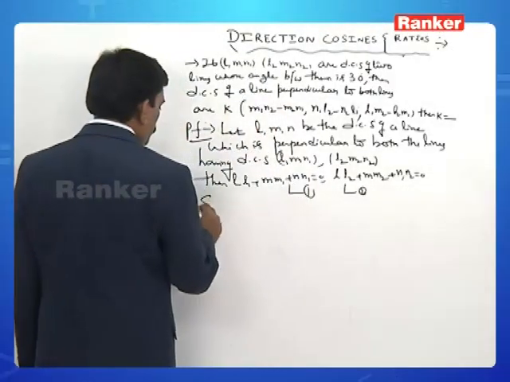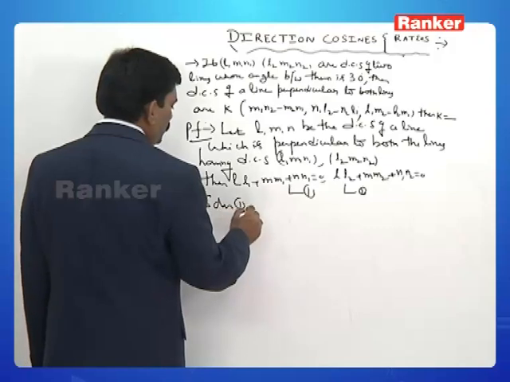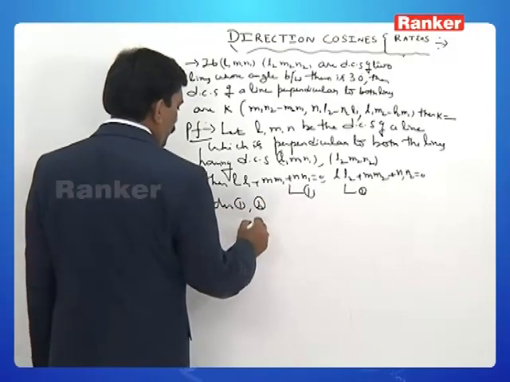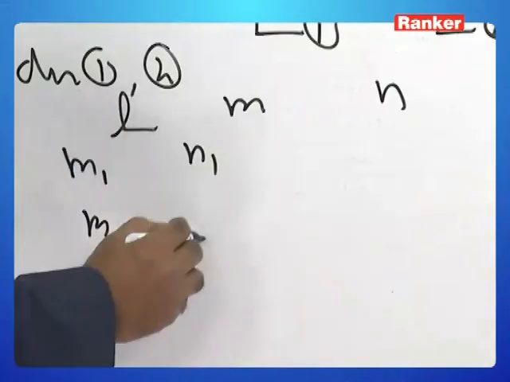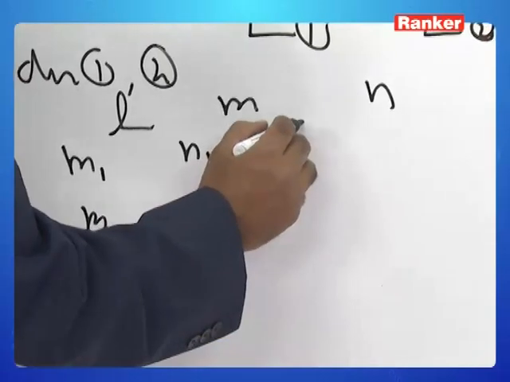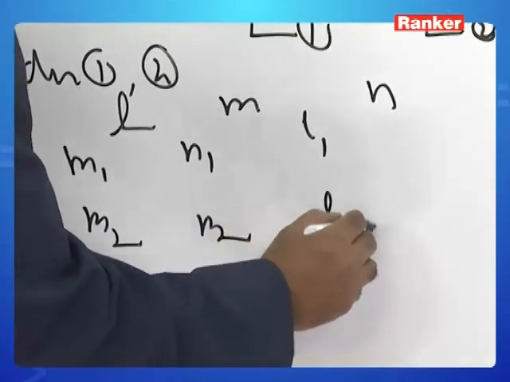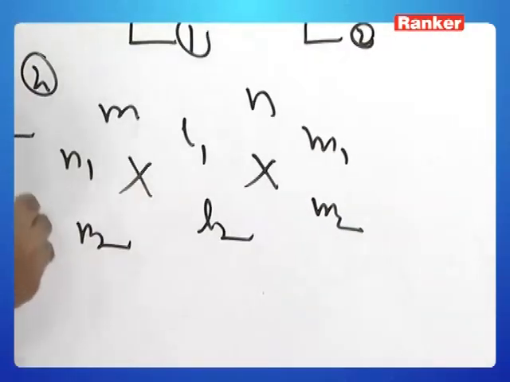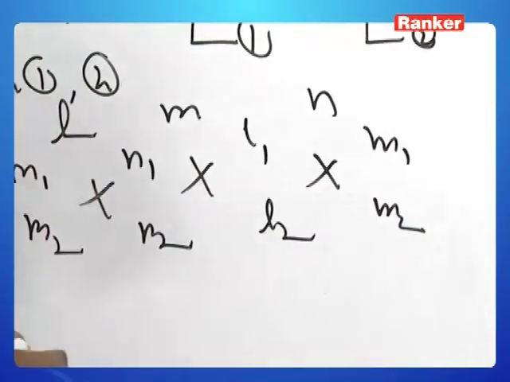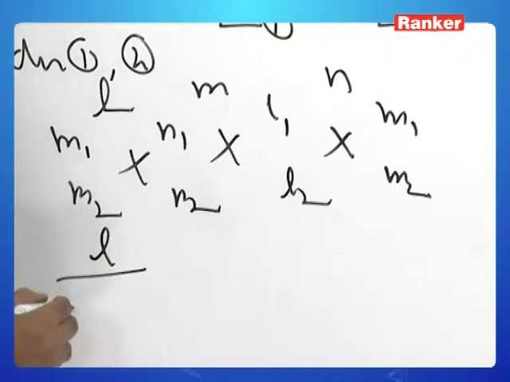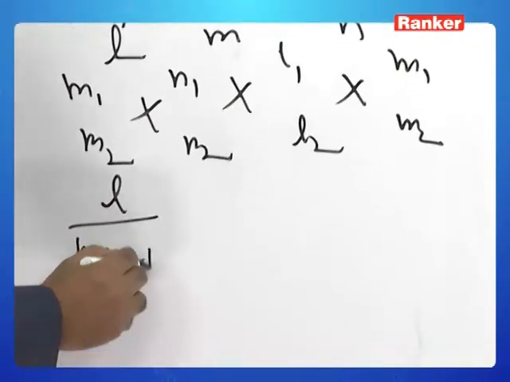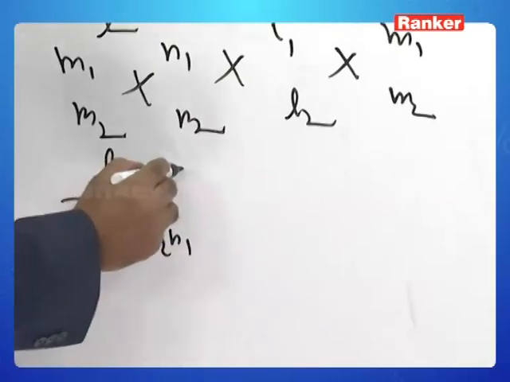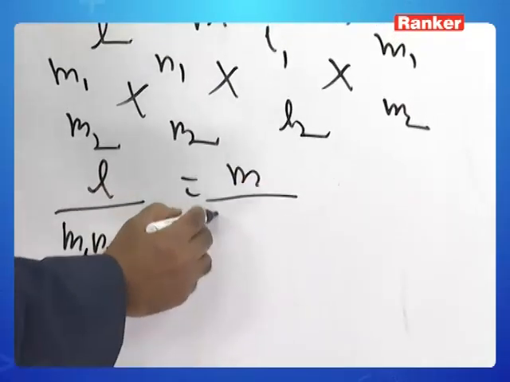Now you solve 1 and 2. Therefore, l, this is m, this is n. You start with the m coefficients: m1, m2, n1, n2, then l1, l2. The first and last are the same.